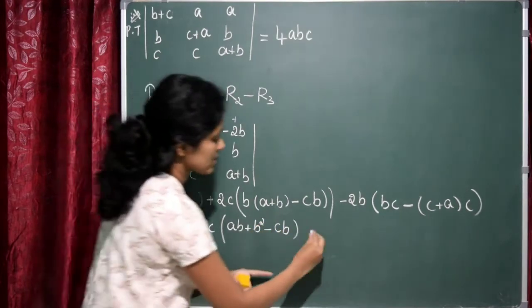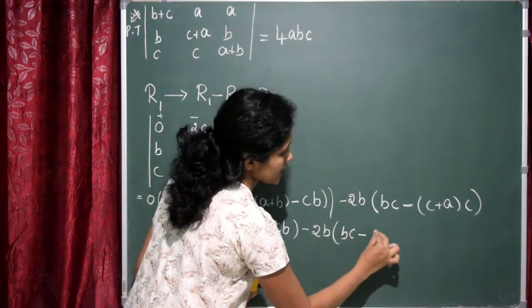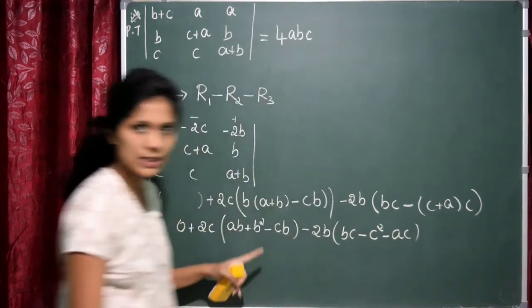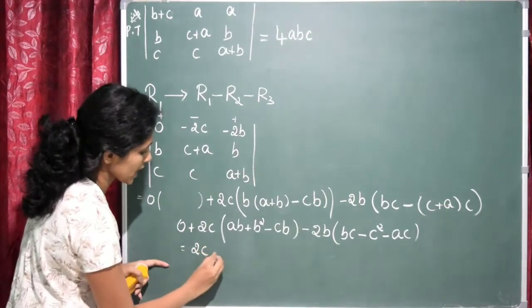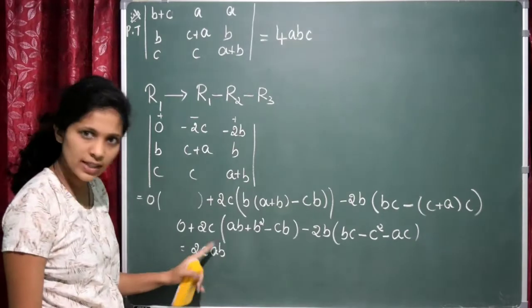This is now minus 2b into bc minus c square minus ac. Just we have multiplied there. So this will be now 2cab. What do we have to prove? 4abc. We got 2cab.